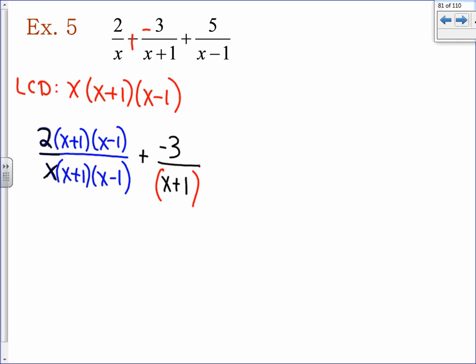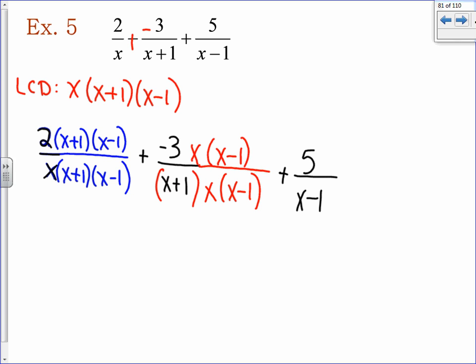The 3 needs an x and an x minus 1. The 5 needs an x and an x plus 1.